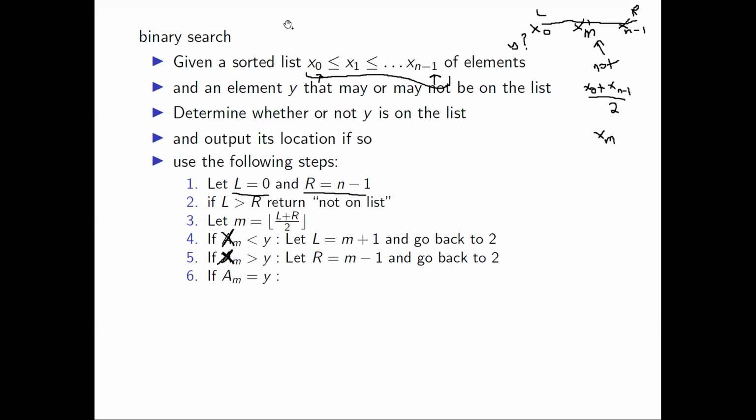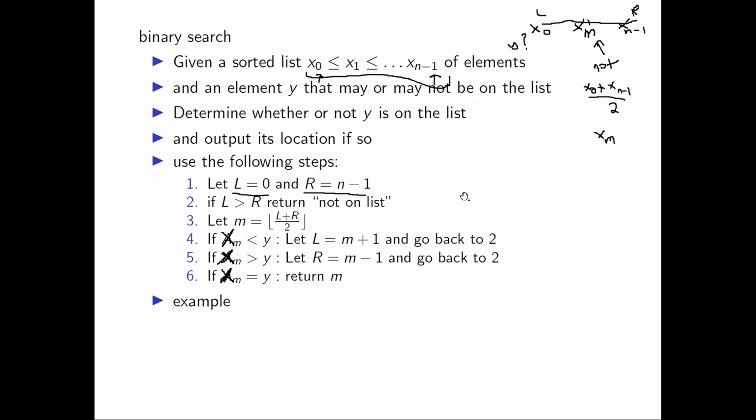Finally, the last case: if x sub m equals y, that's a good case. That means we found the element y, so we just return m. And that's it. It's only these 6 steps.